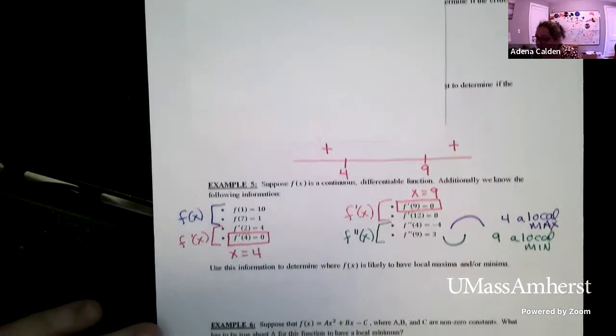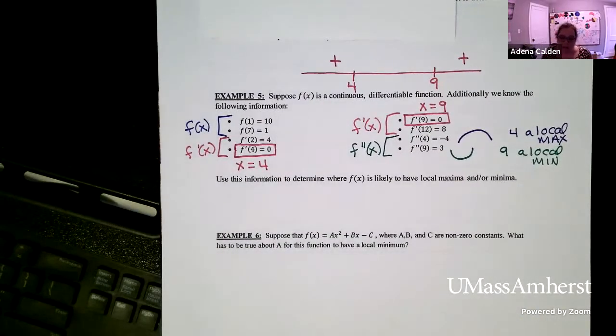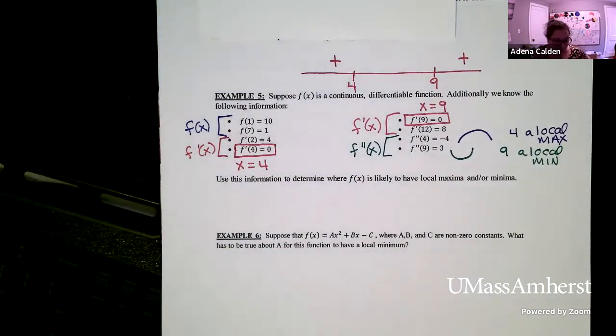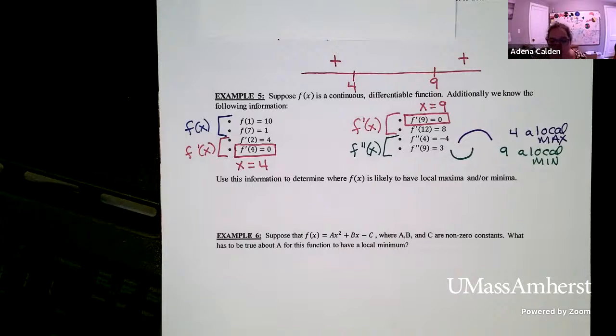Okay. Now I'd like to quickly talk about number 6, because again, this is sort of a more analytical problem that I think is really good to help us understand what these tests are telling us. So it says, suppose that f of x equals ax squared plus bx minus c, where a, b, and c are non-zero constants. So we looked at this problem before to find critical points.